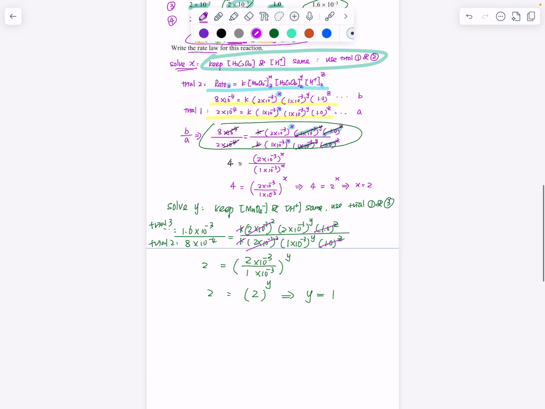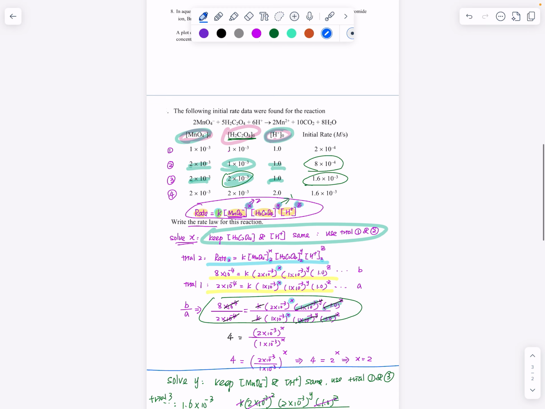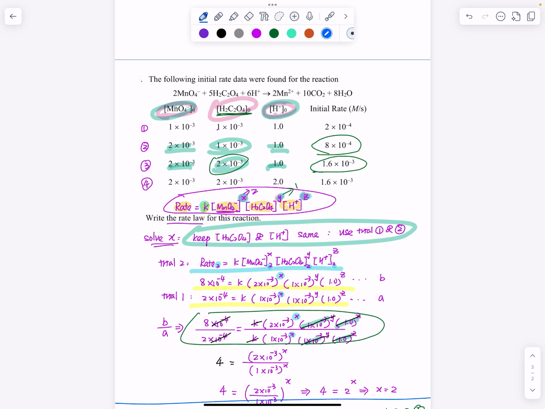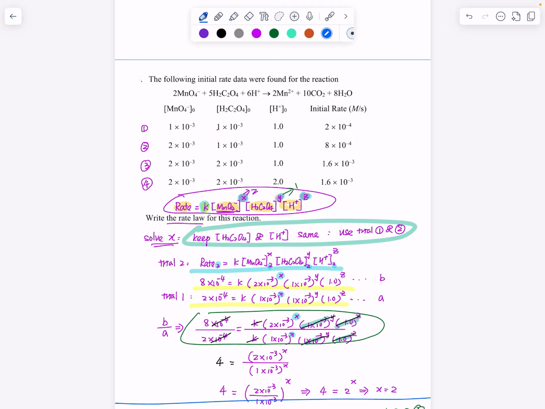Same idea: if we know how to do the first two, I believe we can figure out how to solve z. How do we solve z? The idea we have been using is to find two trials that keep the first two reactants consistent.